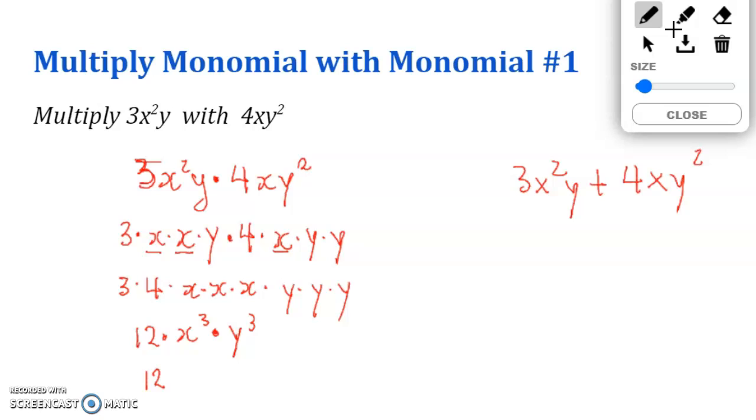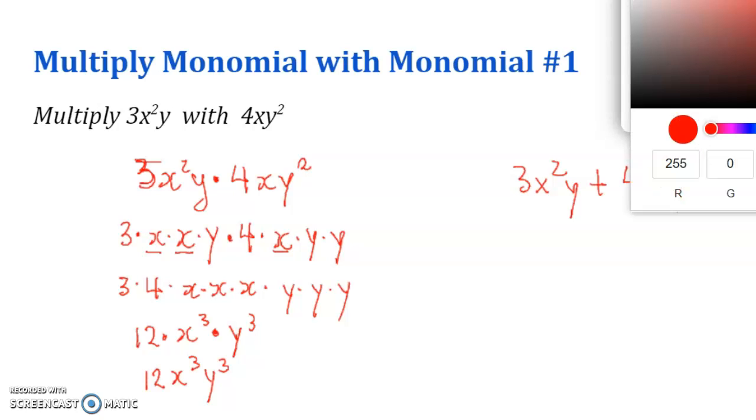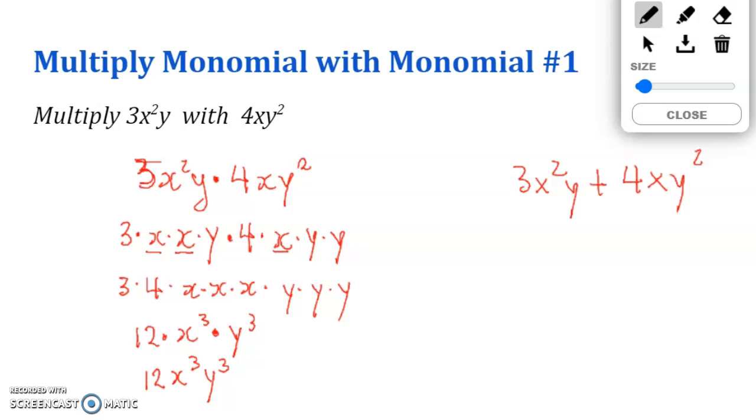This can be rewritten as 12x to the power of 3, y to the power of 3. So this is what it means. Make sure that you fully understand that this is not the same thing. Remember, we can't add these two terms together because they're not like terms, whereas we can multiply them. So do not get them confused.